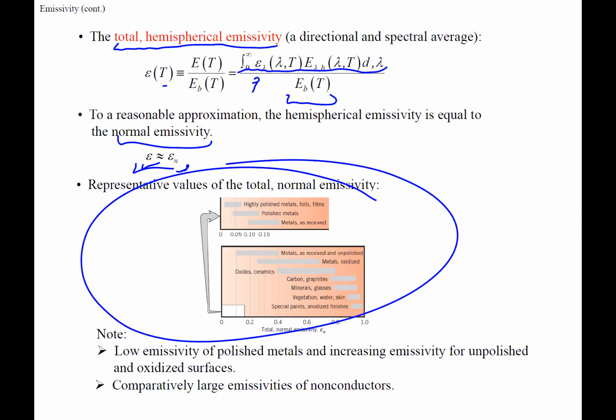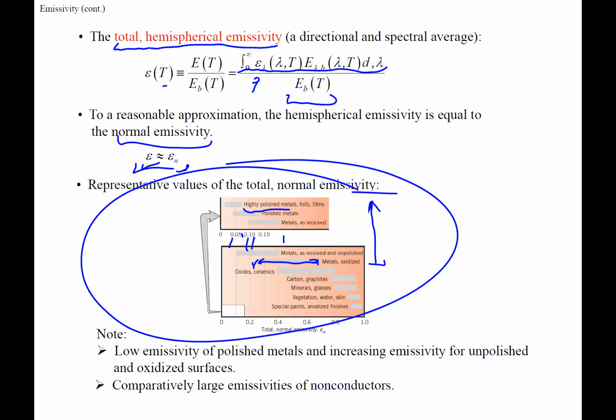So here's metals, right here. And we see surface finish changes things a lot. Highly polished metals have a low emissivity of not quite 0.1, and below that. As you get polished, it's a little higher, as received, higher, and then if it's oxidized, we get this large range.